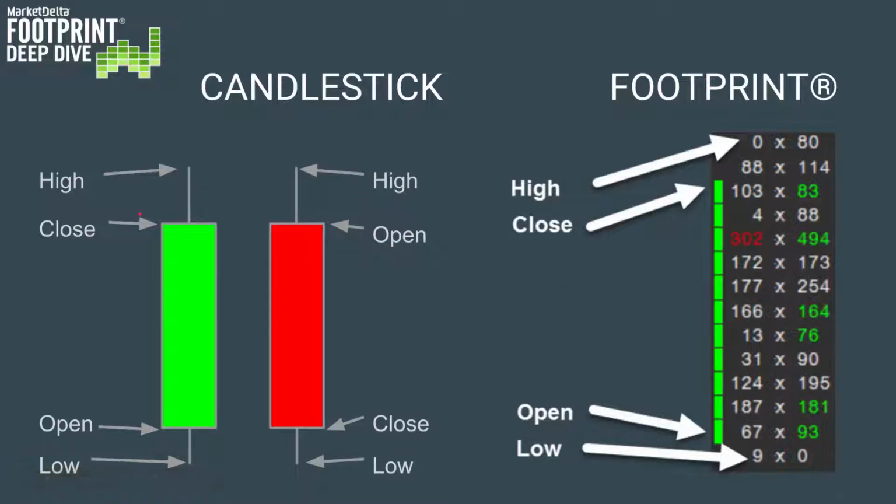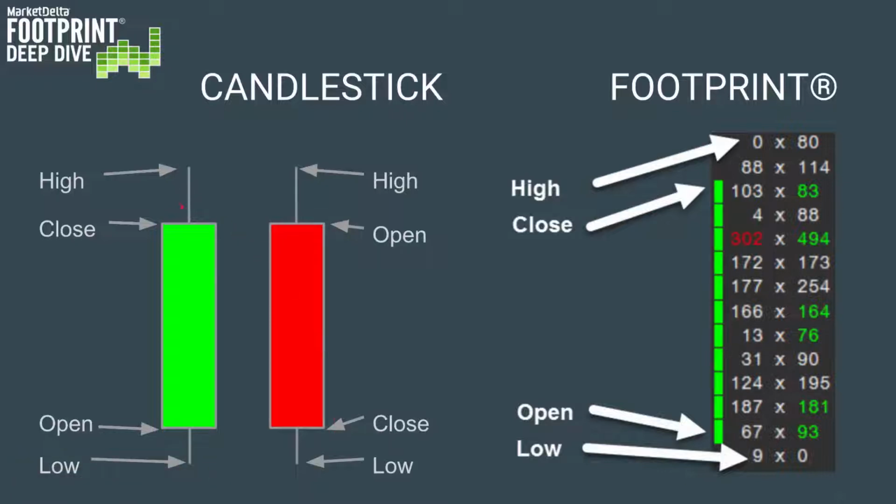So in a candlestick, you've got the open and the close. In the case of an up bar, we know it opened lower because the body of the candle is green. On the down bar, the body is red, which means we know it opened higher than it closed, or said another way, it closed lower than it opened.